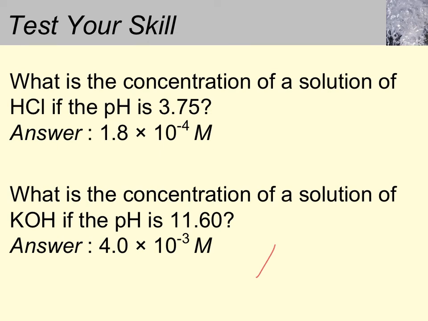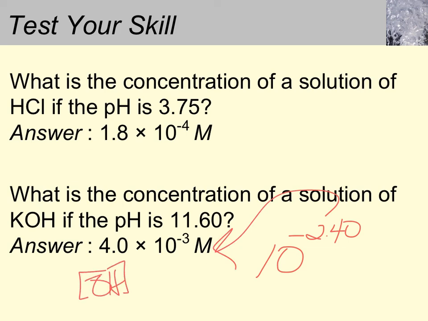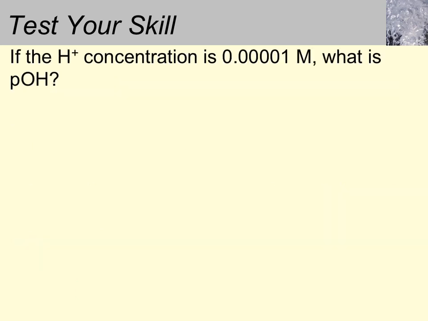And again, try putting this in your calculator to make sure you're doing it right. If you have 10 raised to the minus 2.40, you should get that the concentration of hydroxide, or concentration of KOH, since it's a strong base, equals 4 times 10 to the minus 3 molar.